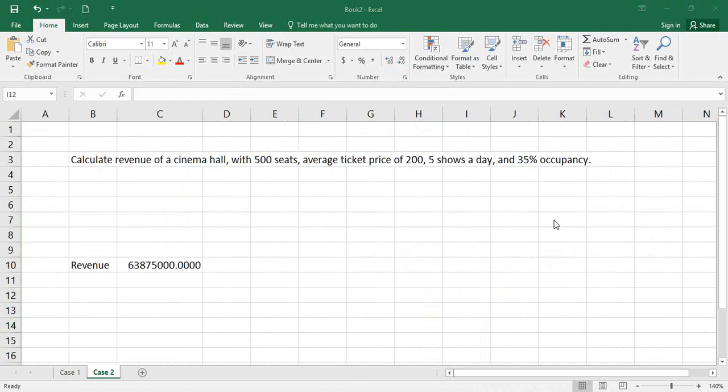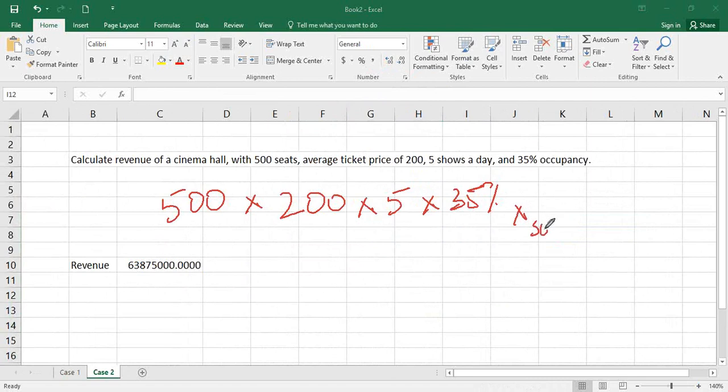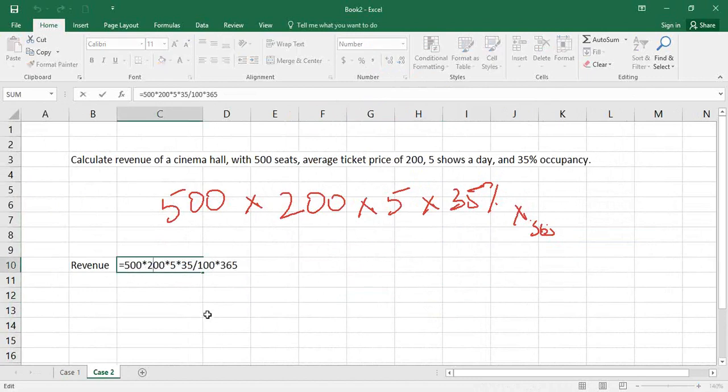So what is the calculation we are going to look at? That's going to be 500 into 200 into 5 shows a day into 35% occupancy rate and into 365, right? Now that's the calculation. We've done that calculation here, right?